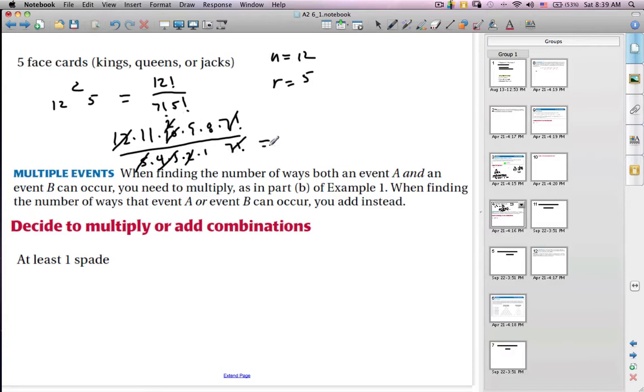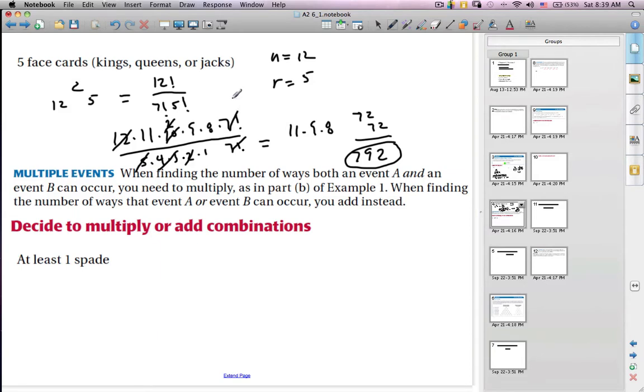And so my answer would simply be 11 times 9 times 8. Well, 9 times 8 is 72, so then times 11 would be 720 plus 72. This is going to be 792. So there's 792 different ways to create a 5-card hand using just kings, queens, or jacks.